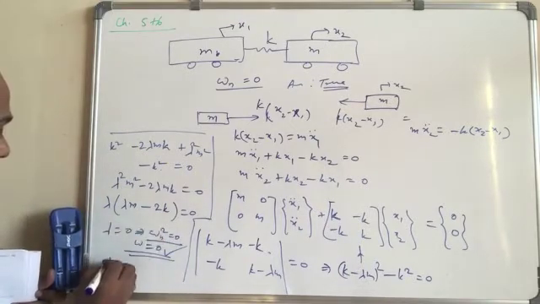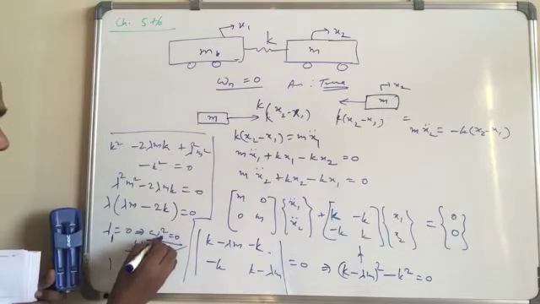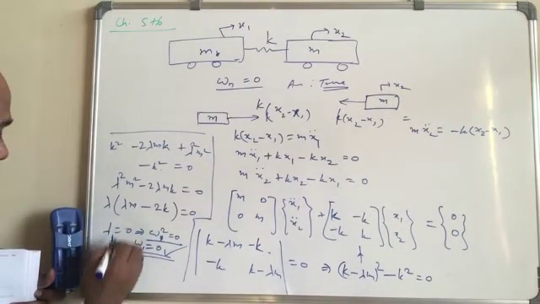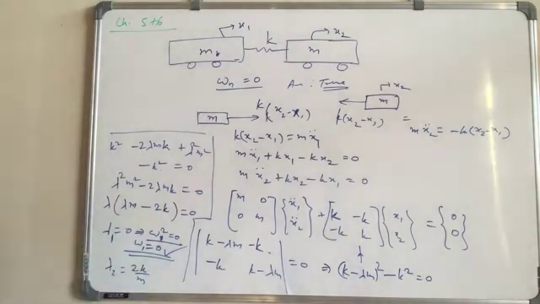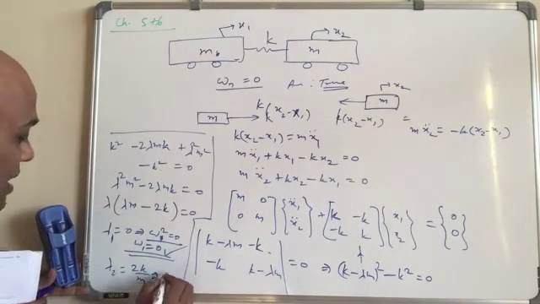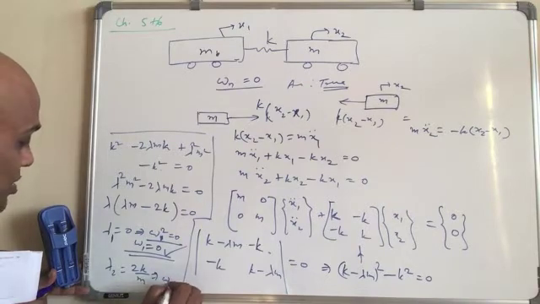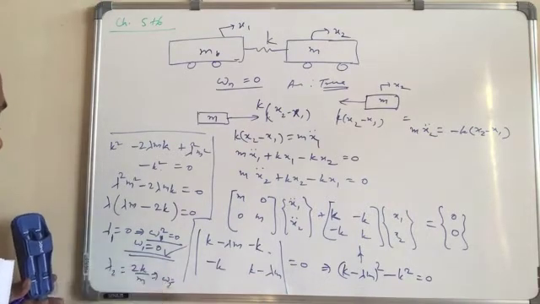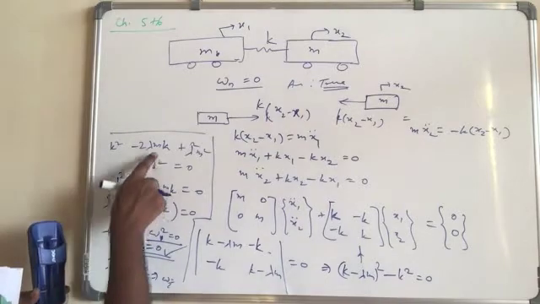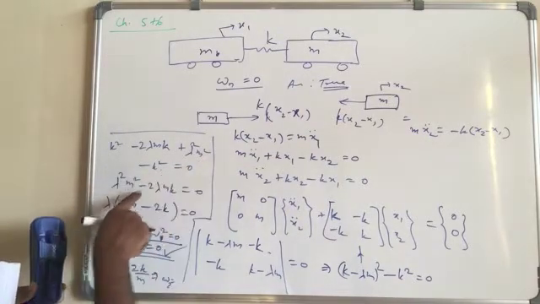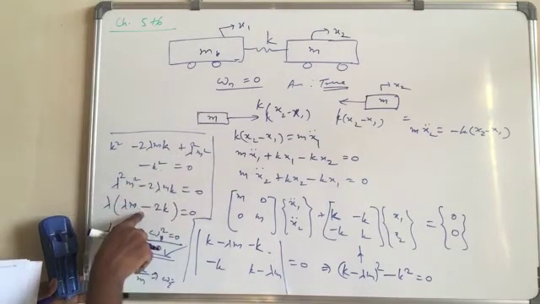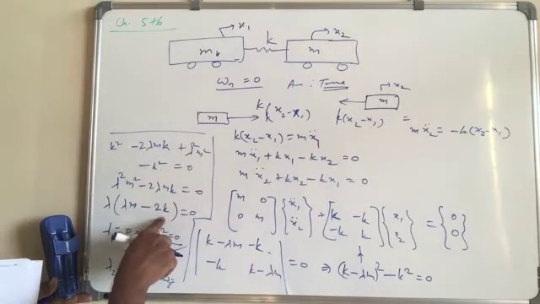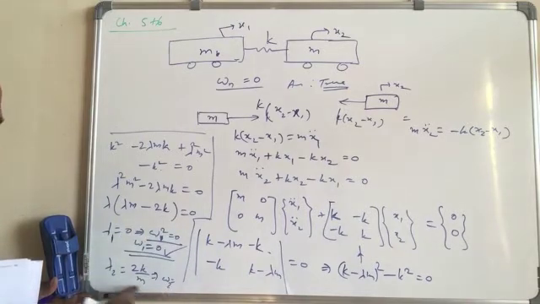And the second one, this is lambda 1. Lambda 2 will be equal to 2k over m, right? Or you can also find out omega 2 equal to root 2k over m.